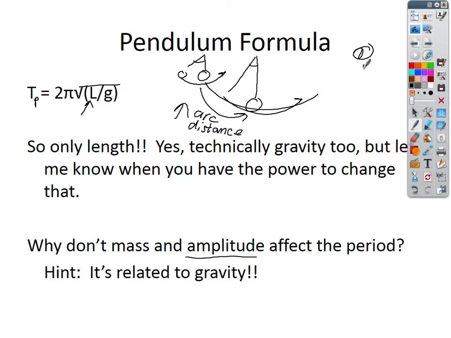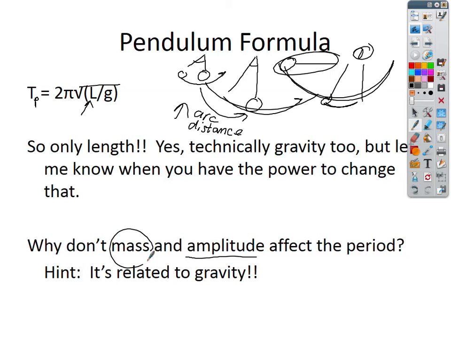So as long as you keep the length of the string the same, you can pull it up just a little bit or pull it up a whole 90 degrees. Obviously, this one will move a lot faster, but it will have to travel a whole lot farther back and forth. This one right here, back and forth, done. It may not look like it's moving fast, but it's completing in the same amount of time as the longer one, or the larger amplitude. Let's be specific.